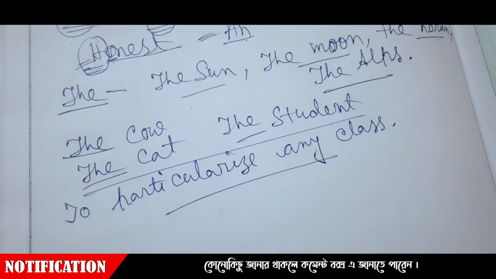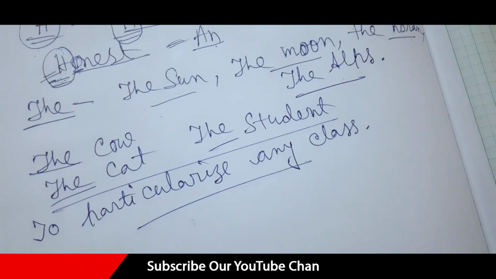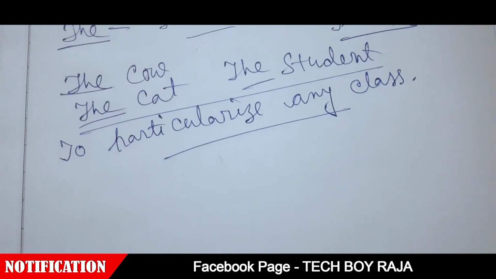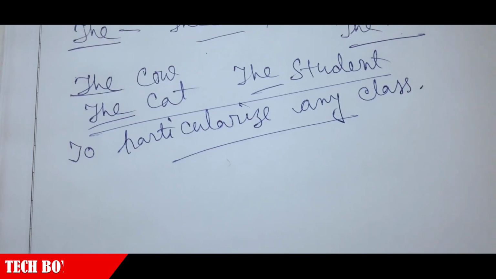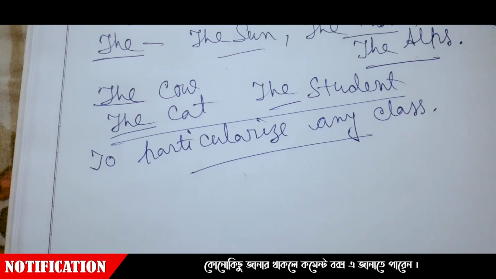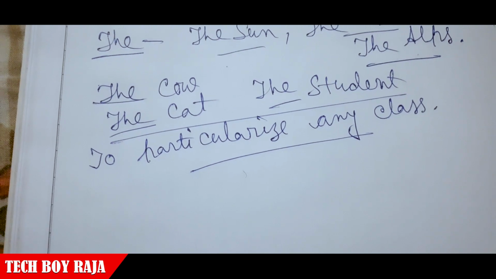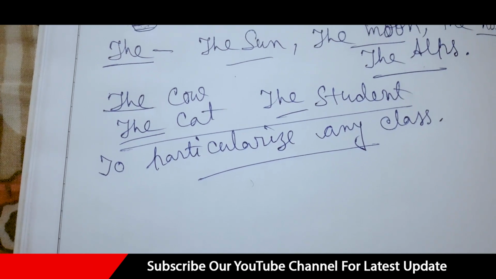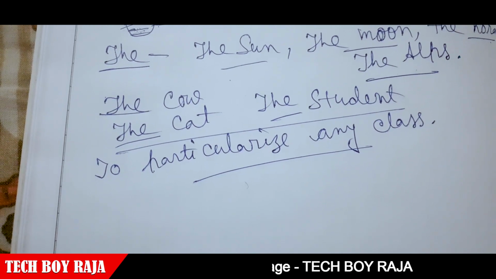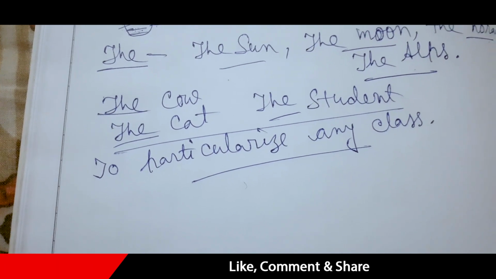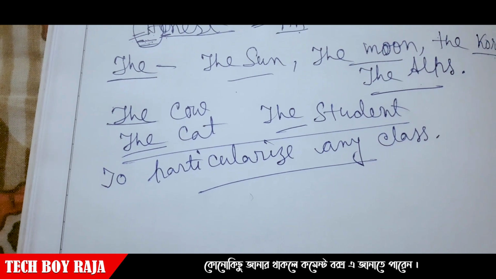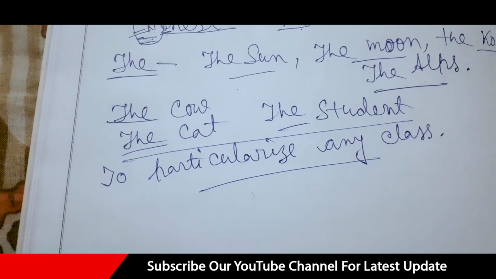Now if two nouns are there, one man and one woman, there will be a general sense, so without any article it will be, because man and woman are both common nouns. Not the man and the woman, but man and woman, both nouns particularize the whole nation, so no definite article will be used.